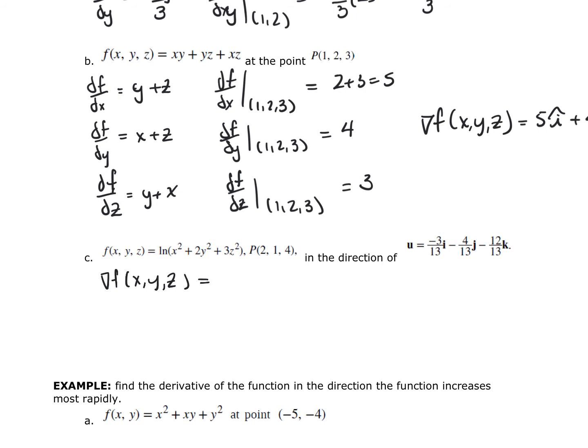I'll let you do all the work to get there, which gives me 1 over 54, and then it's going to be 4, 4, and 24. This can reduce, if you're inclined, to 1 over 27, 2, 2, and 12.